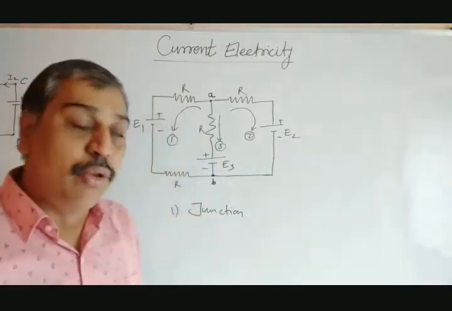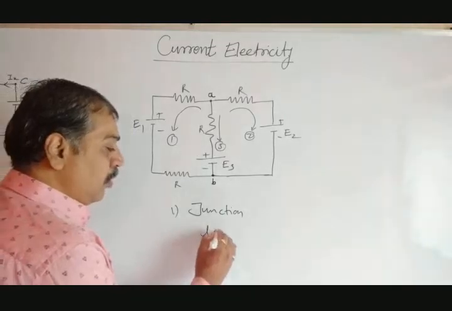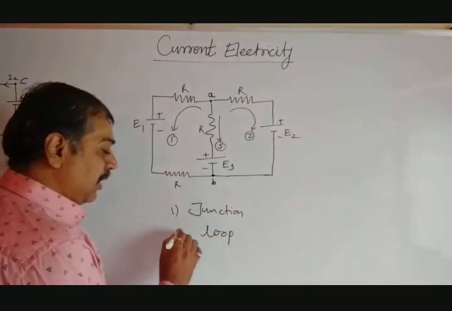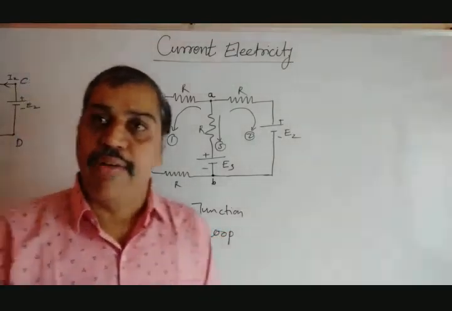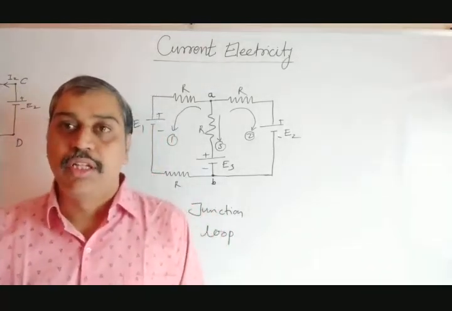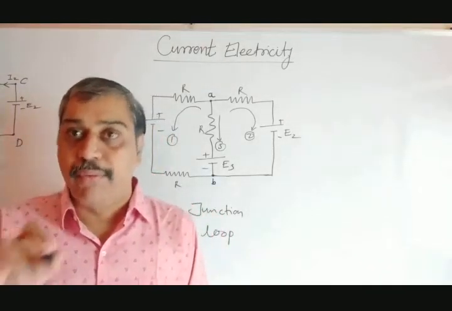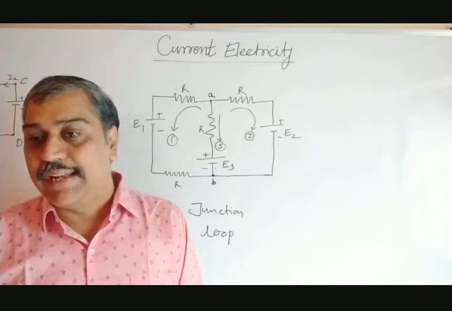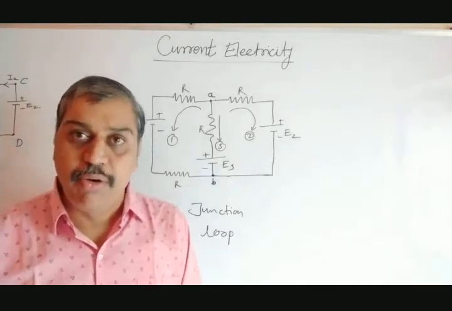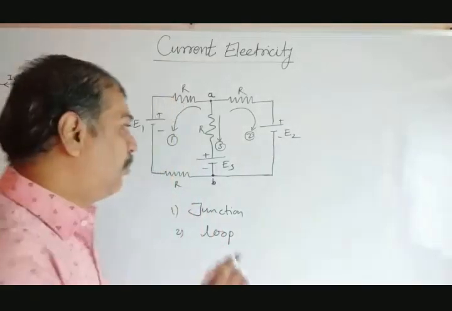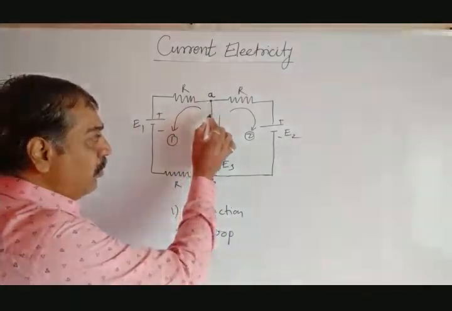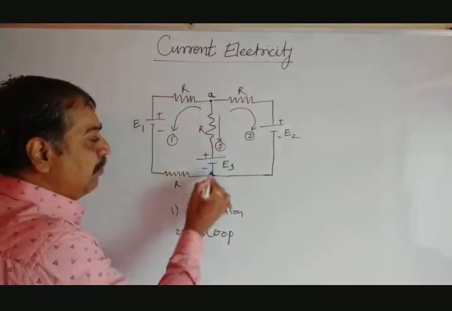After that, we have to see the loop. What is meant by loop? If you remember, in the superposition of waves, we learned that loop means the closed formation of a wave, a loop-like structure of a wave. The same thing applies in an electrical network. The loop is a closed structure. Suppose we start here and go like this, and again come back to this point.